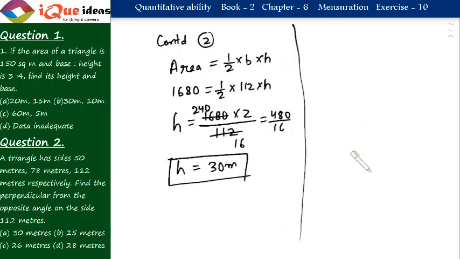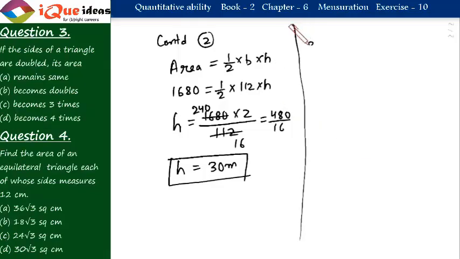This is question number 2. Now let's take question number 3. It says if the sides of a triangle are doubled. Now see, area is proportional to the square of the side. So if a side is doubled, the area will become the square of 2 times, that is 4 times.